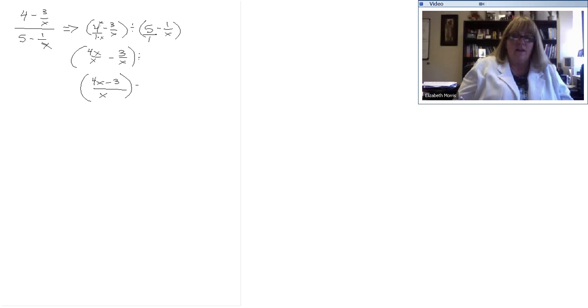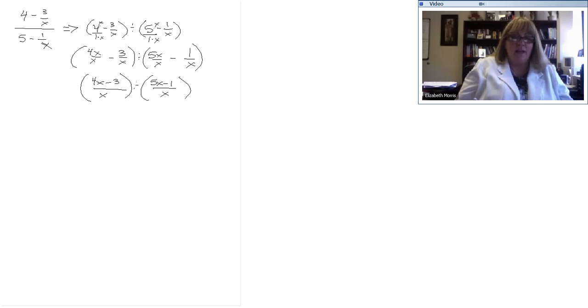All divided by, again, what's going to be the common denominator? It's going to be x. That one doesn't change. And this one, I'd have to multiply by x, so I multiply the top by x. So denominator has to be the same, and it stays the same. Numerators we put together.